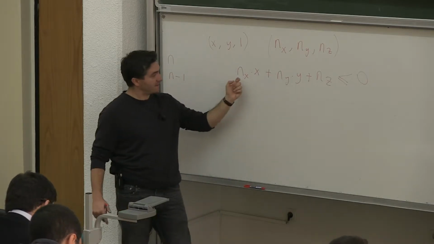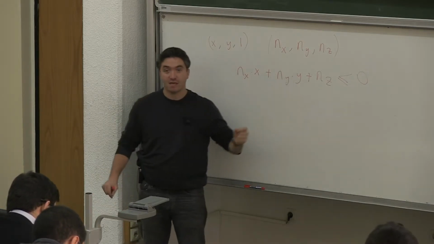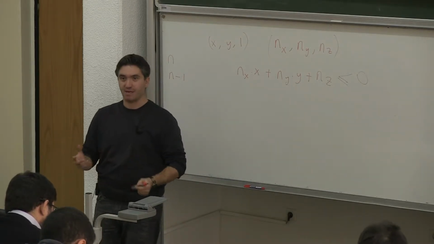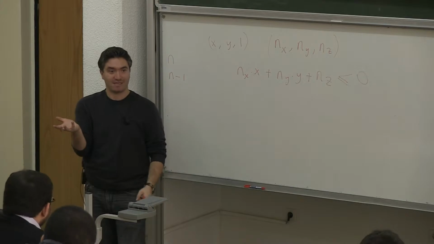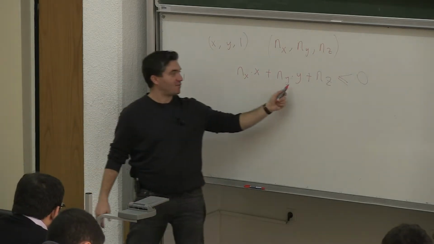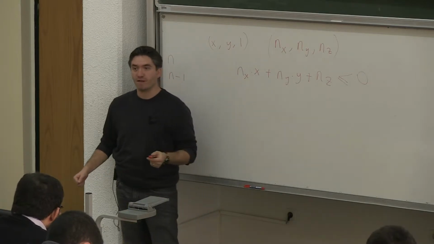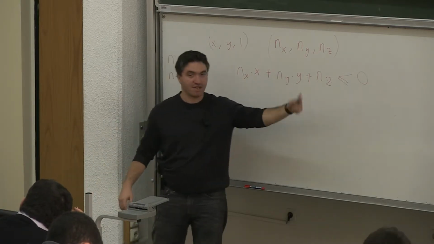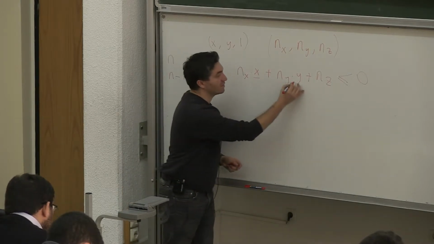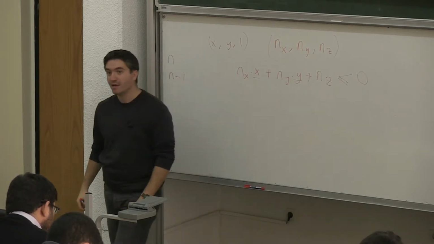And the thing is, these nx, ny, and nz values of these mold normals are known. Meaning, if I say given a mold, it means that the mold faces are given. And so these nx, ny, nz normal values, we know for a given mold. The only unknowns are these two variables, x and y.